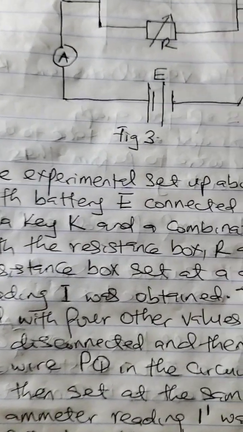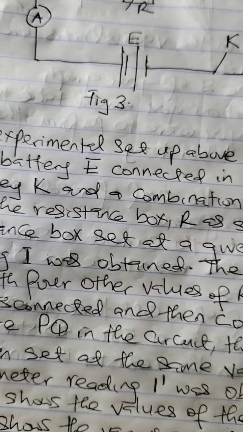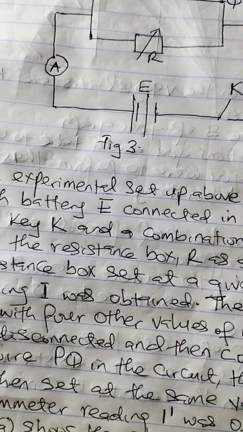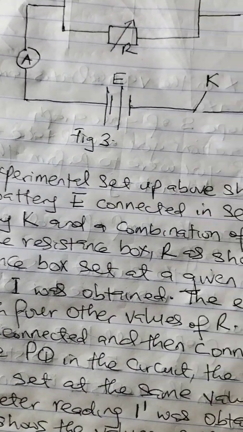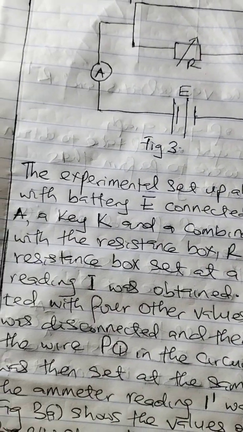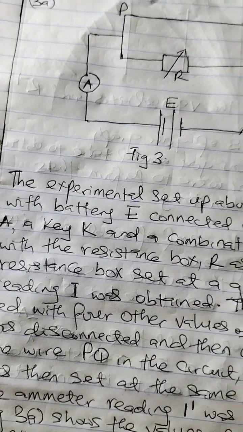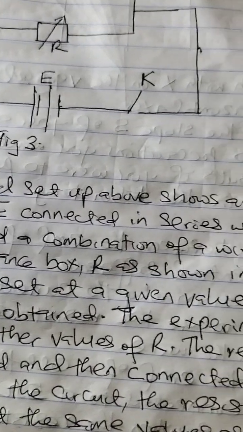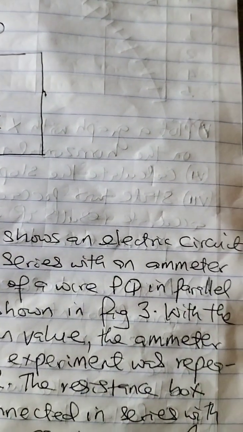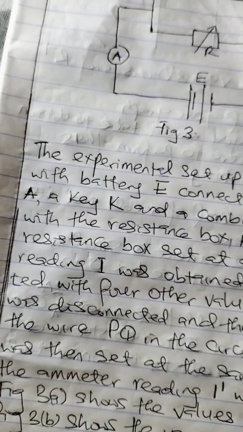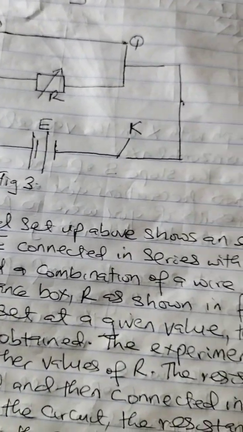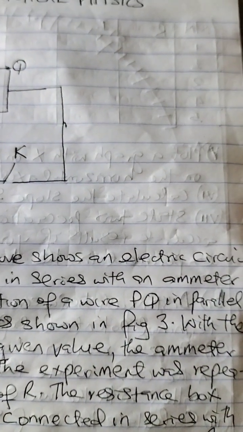The question says the experimental setup above shows an electric circuit with battery E connected in series with an ammeter A, a key K, and a combination of a wire PQ in parallel with the resistance bus R, shown in Fig 3.